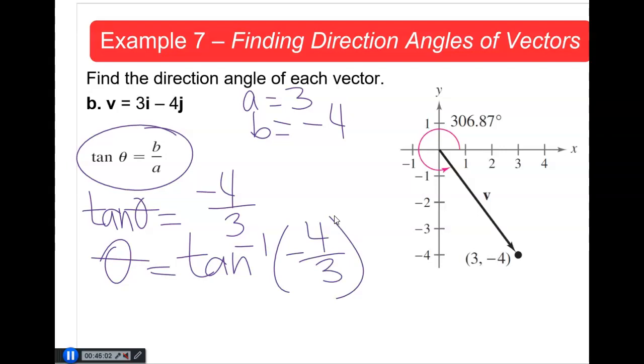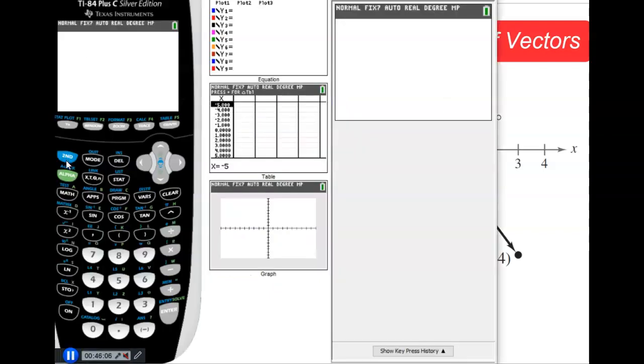So if we go ahead and enter that on the calculator, I'm going to enter tangent inverse of negative 4 divided by 3, close parentheses.